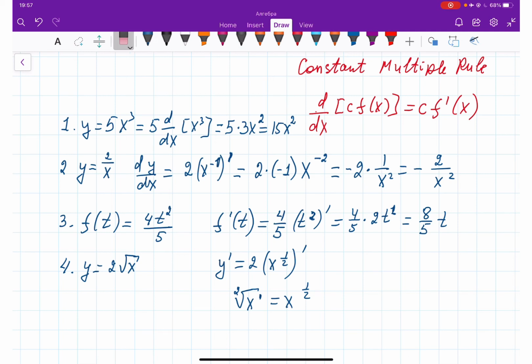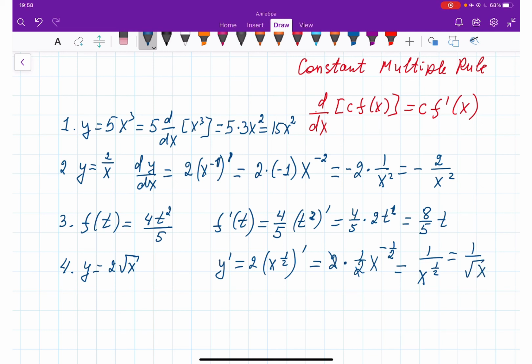Since 1/2 is a constant, it stays there, times 1/2 comes in front, x, and 1/2 minus 1 is going to be negative 1/2. Since it's negative, it will flip the fraction, x to the power positive 1/2, which is going to be 1 over the square root of x.